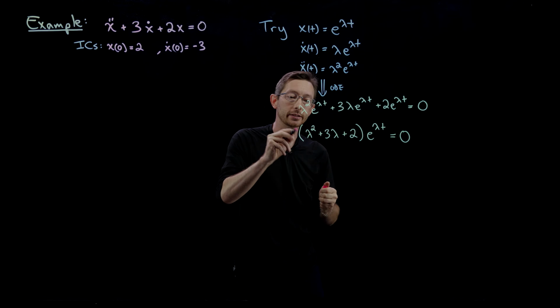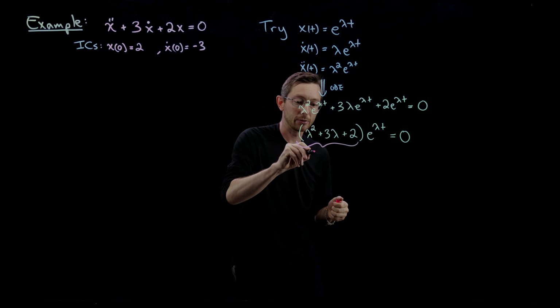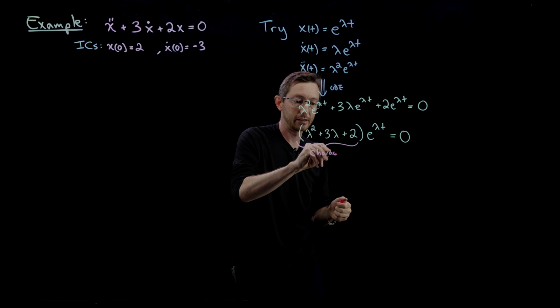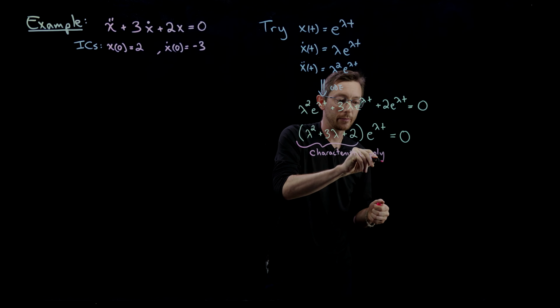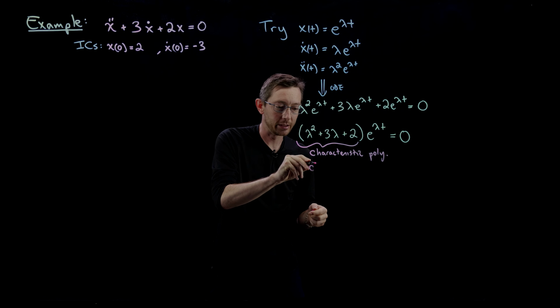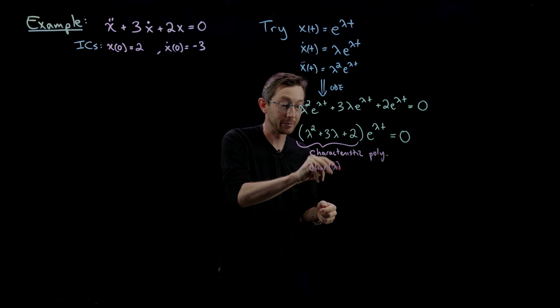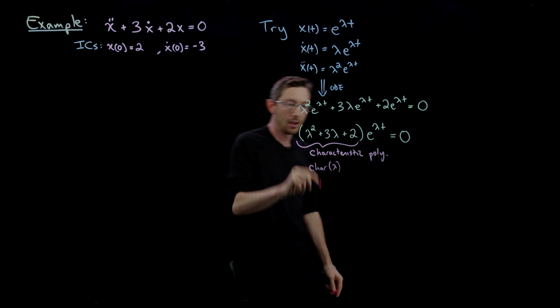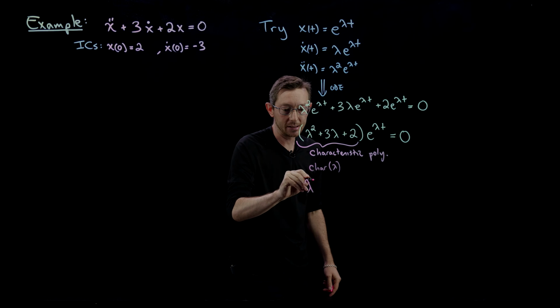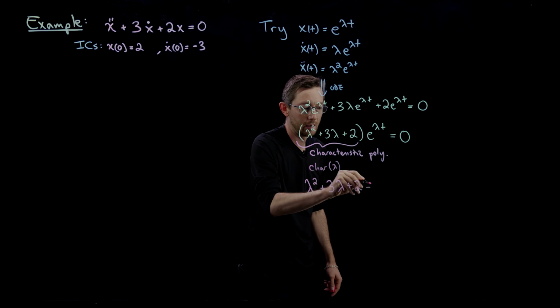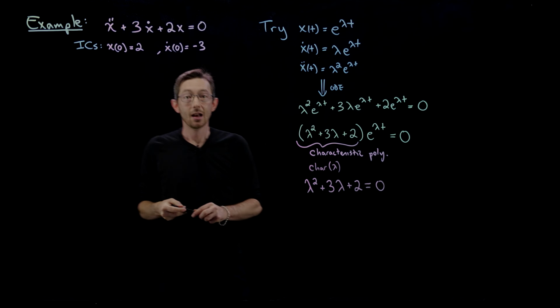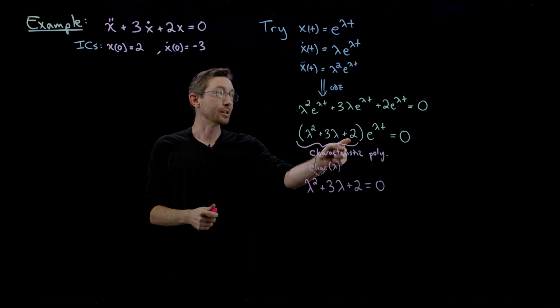And this is called the characteristic polynomial, sometimes we call it char of lambda. Essentially, it is lambda squared plus 3 lambda plus 2 equals 0. Okay, those are the specific lambdas.